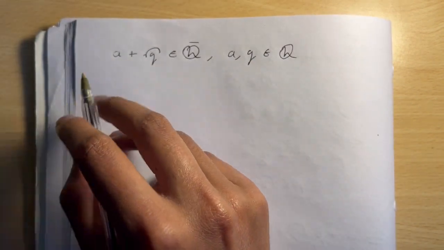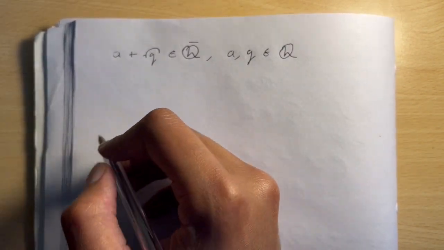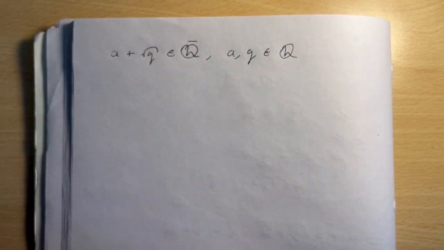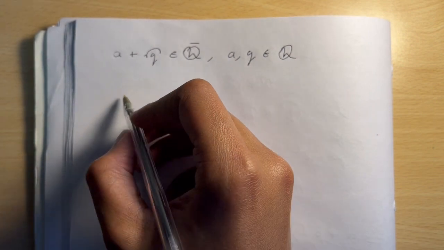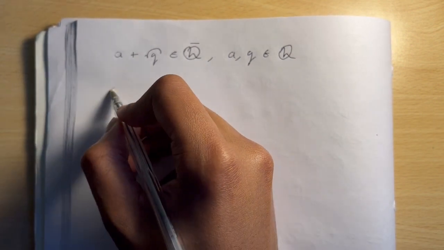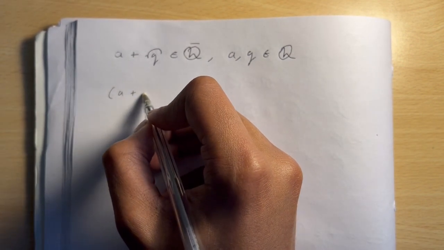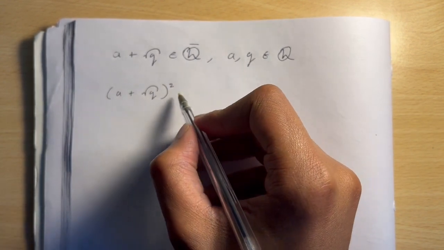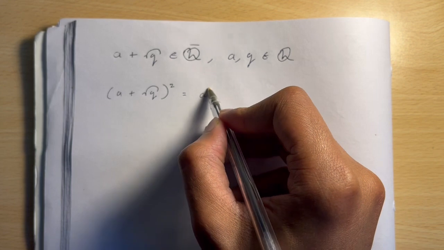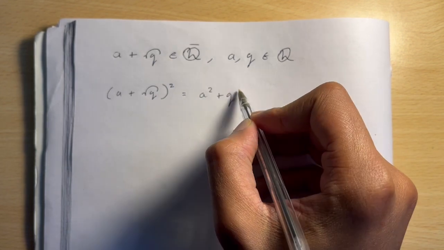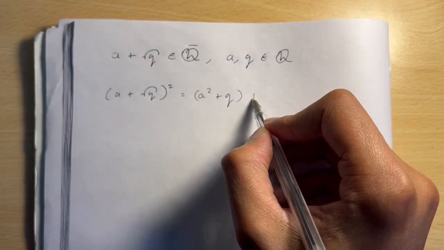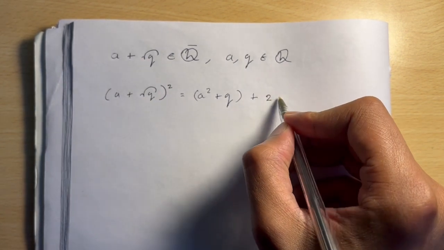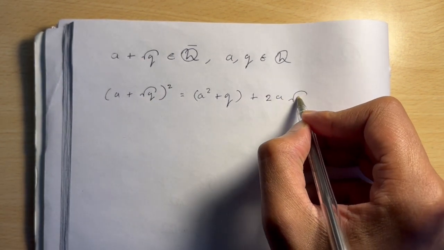So we will prove it in the same way as we did for the specific example of 1 plus root 2. We will just square this, a plus square root of q, squared, and then we get a squared plus q, plus the cross term, 2a square root of q.